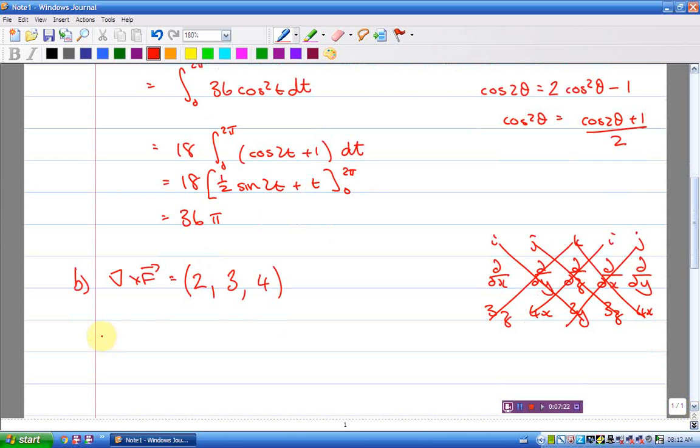All right, so the work, which is at its root a line integral, we are going to use Stokes' theorem to turn it into a surface integral of curl f, which is 2, 3, 4, dotted with n. Okay, I'm going to need n.